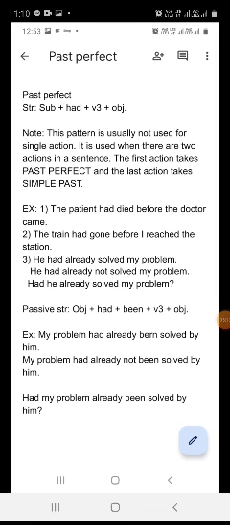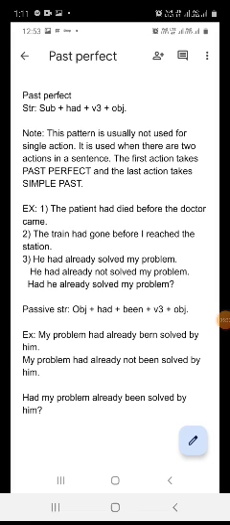Let us see another example. Example number 2. The train had gone before I reached the station. How many actions are here? Two. There are two actions in this statement.